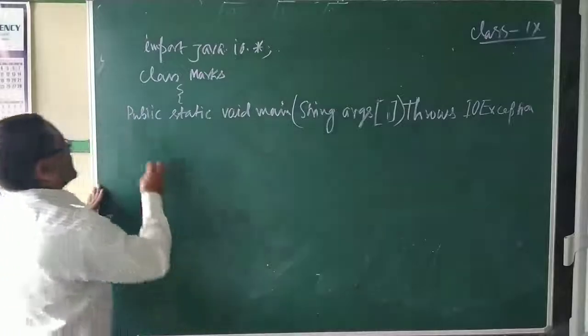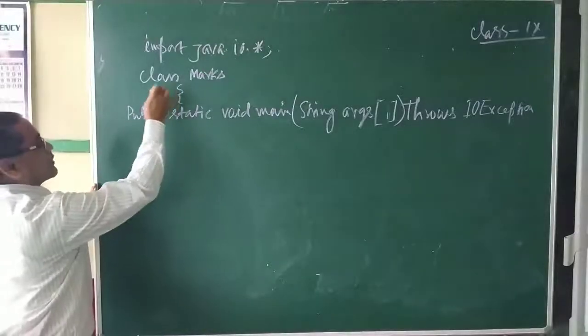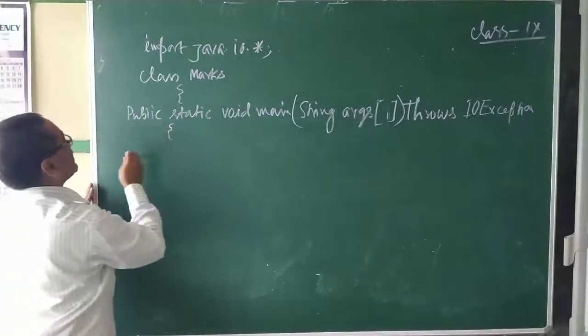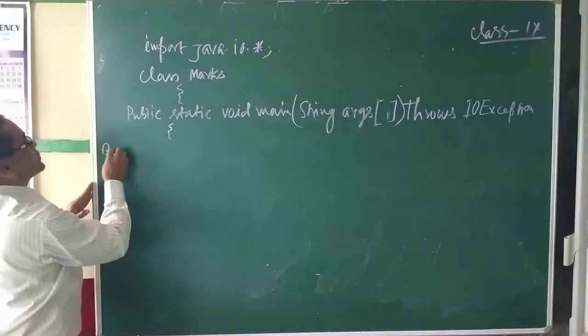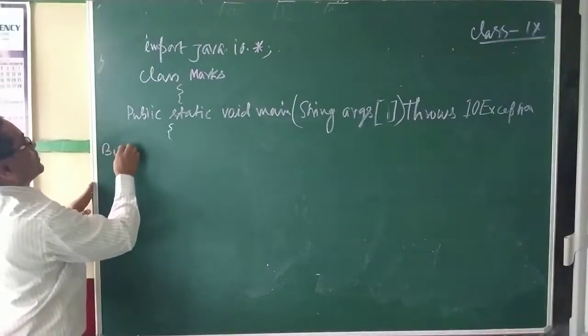Now, this is after the class bracket, after public static another bracket. Now you have to give BufferedReader, because it is an input program.